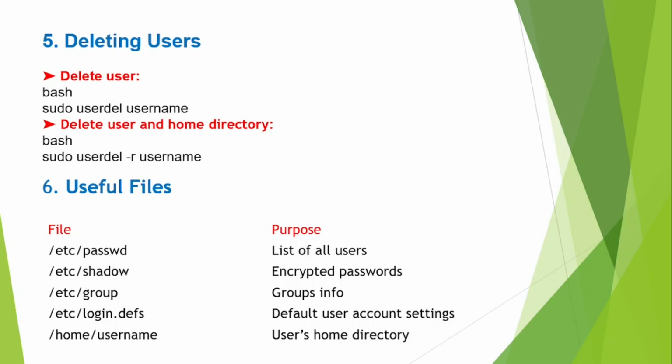In our Windows system we have the C drive, which contains all the Windows configuration and everything. It is similar here with /etc. The password file will contain the user's information: what his username is and what his user home directory is. All the details are in the password file.